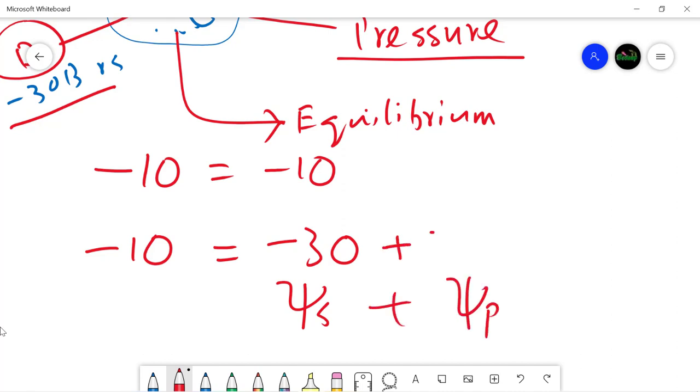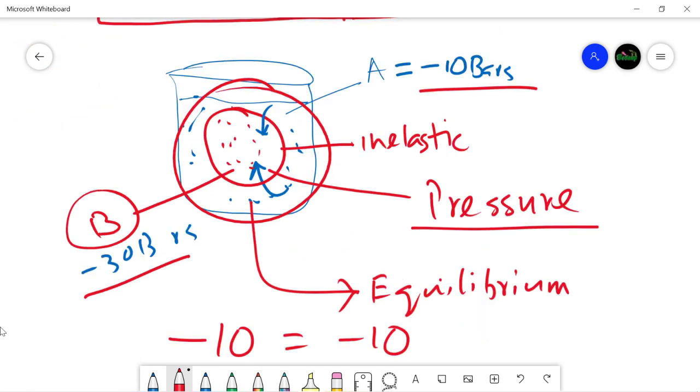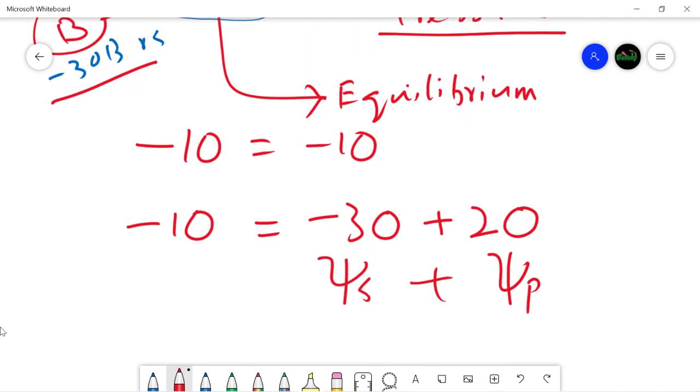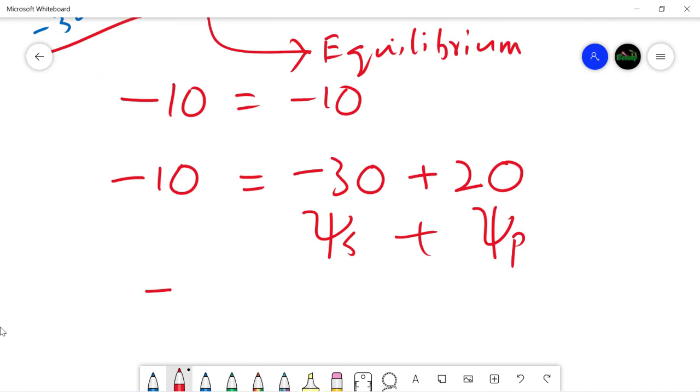A pressure potential of plus 20 bars develops inside container B, and this 20 bars is positive pressure. So by solving the equation, minus 10 is equal to minus 10. The water potential of both sides becomes equal.